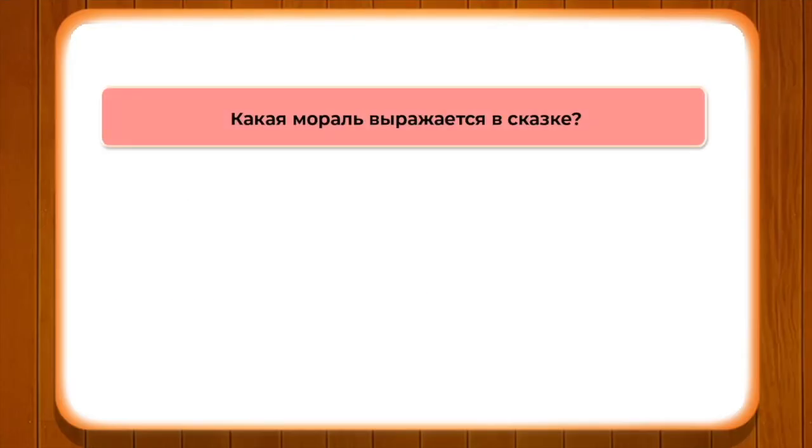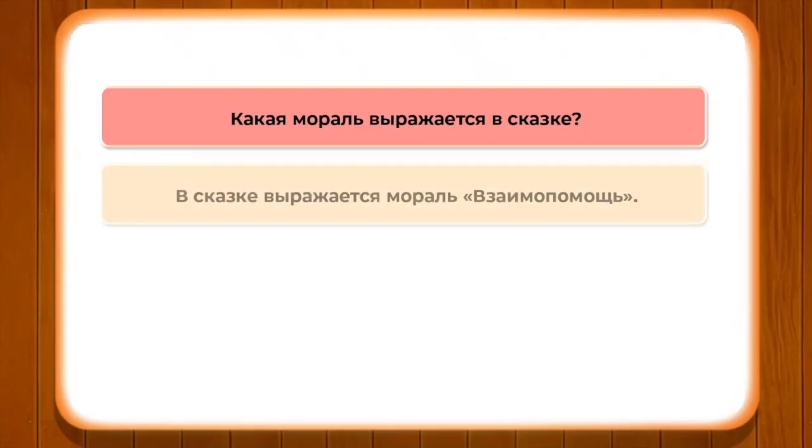Какая мораль выражается в сказке? What is the moral of the story? And the answer is в сказке выражается мораль взаимопомощь. Right. We discussed this. Yes. So the moral of the story is collaboration.